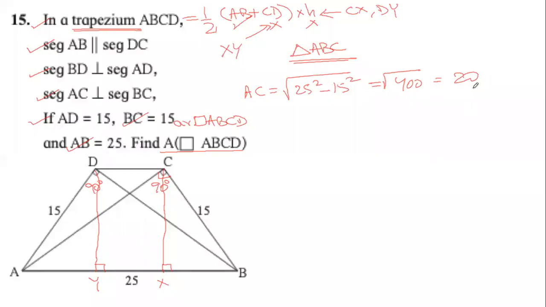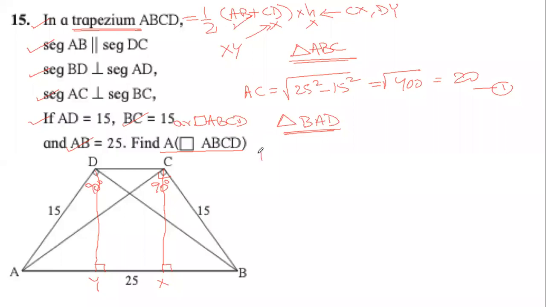Let's call this result 1. Now look at another right angle triangle. Now let us look at triangle BAD. This is also a right angle triangle. Here also we know the hypotenuse and one side. AB is equal to 25 and AD equals 15.